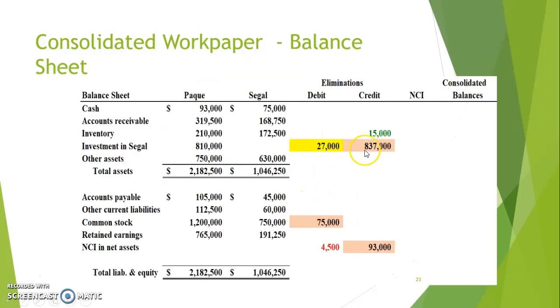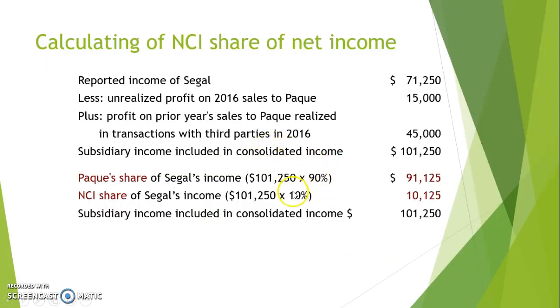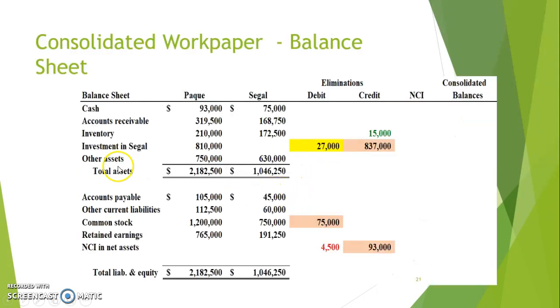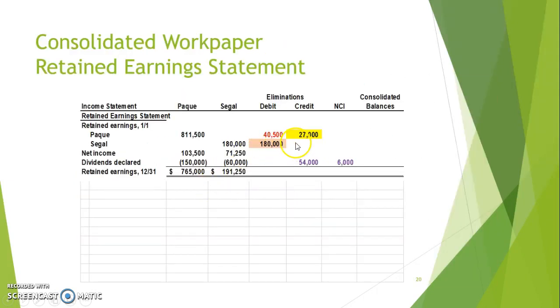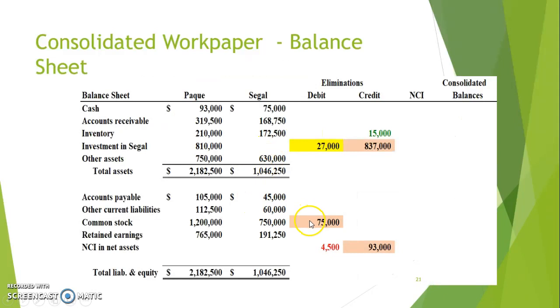The investment account is credited with 837,000, and the NCI is credited with 93,000. And you would note then that the beginning retained earnings here is debited with 180, and the common stock, and this should be 750,000 and not 75,000. It should be 750,000.